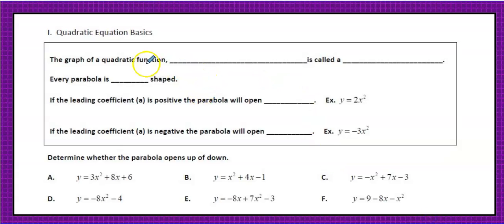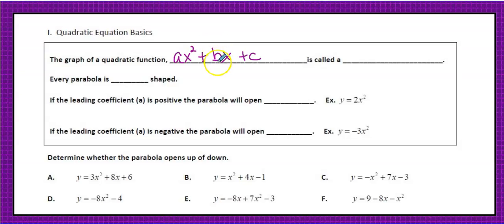Okay, so the graph of a quadratic function, the equation looks like this: a times x squared plus b times x plus c, where a is our a value. That's the first coefficient, the coefficient of x squared. Sometimes it's 1, sometimes it's not 1. Sometimes it's positive, sometimes it's negative.